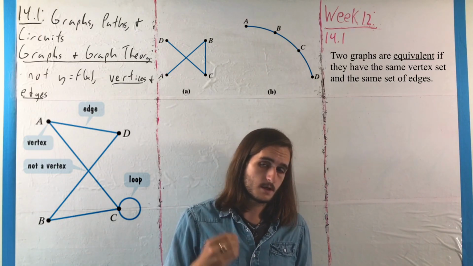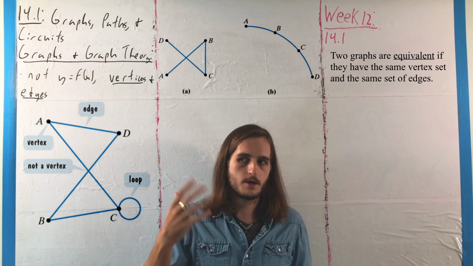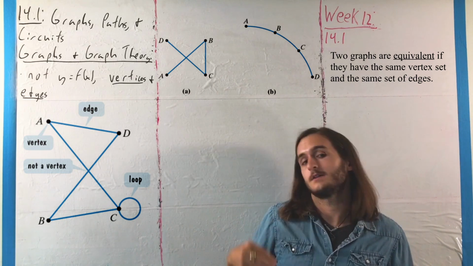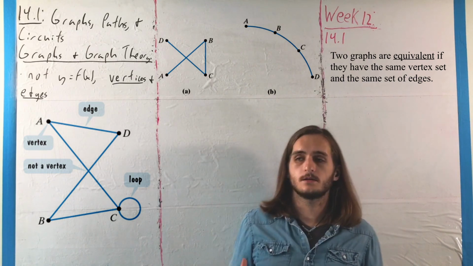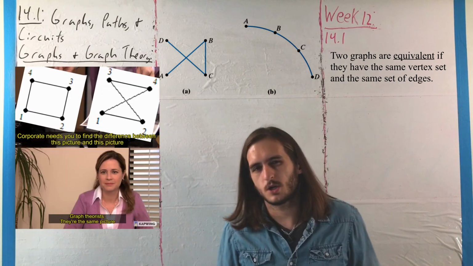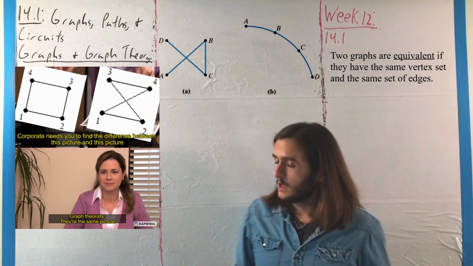Any pair of graphs that have the same vertices with the same edges are equivalent. No matter how you might want to rearrange them, you're still talking about the same things, so it's still the same picture, even though it isn't really the same picture.